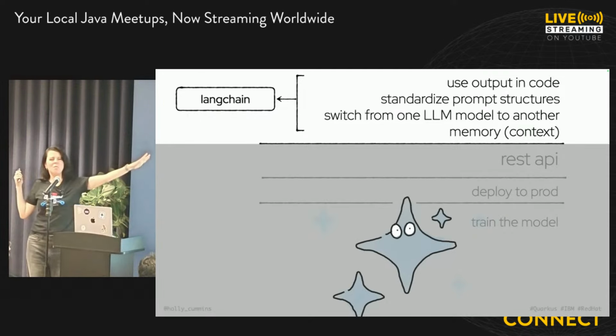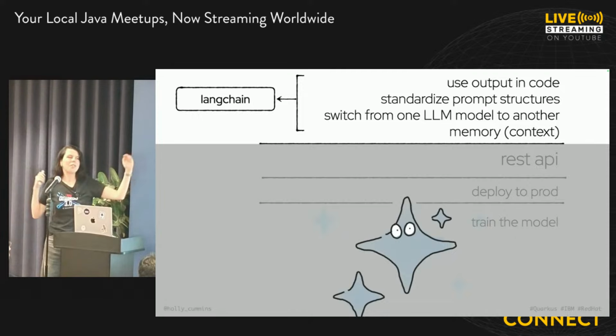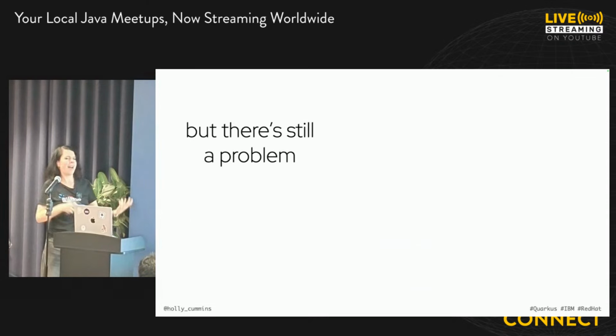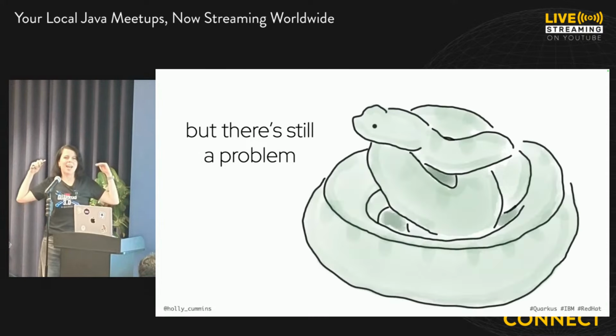And I'm also not entirely going to be talking about LangChain. Because although LangChain did really nice work to allow us to leverage LLMs in our applications, there's a really big problem with LangChain, which is it's Python. We are not Python people.